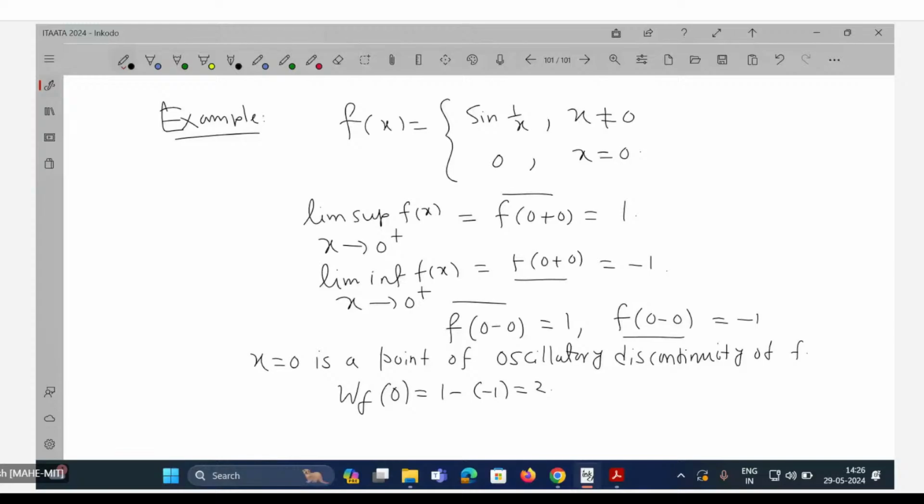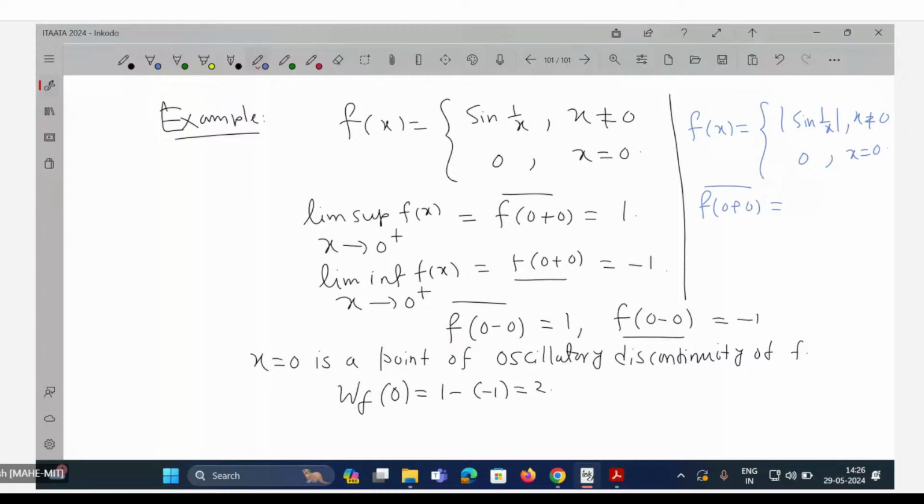Okay. Let's say in this example, let's modify a little bit. f(x) equals mod of sine 1 by x, x not equal to 0, and 0 when x is equal to 0. What will be f of 0 plus 0 upper bar?